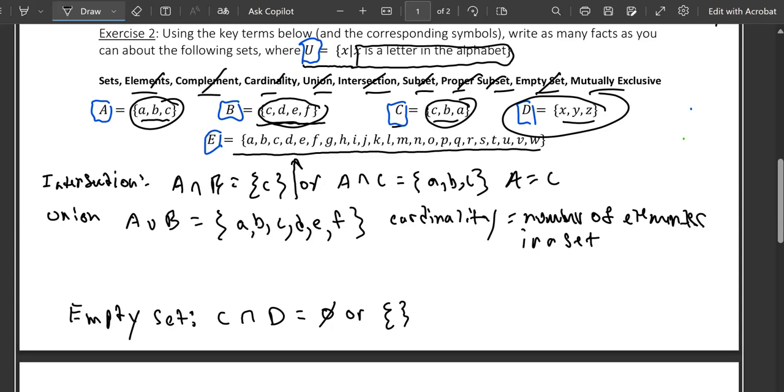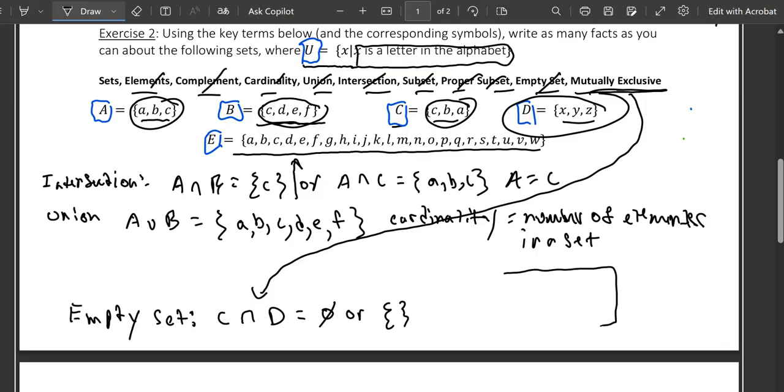And mutually exclusive. Let me pause just for 1 minute. We'll be right back. I left off one little piece before I took the break there, and I left off mutually exclusive here. And mutually exclusive is actually C intersect with D. Even though it's the empty set, it's mutually exclusive because they don't share any elements in common.